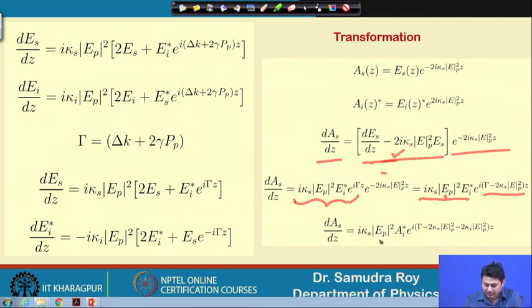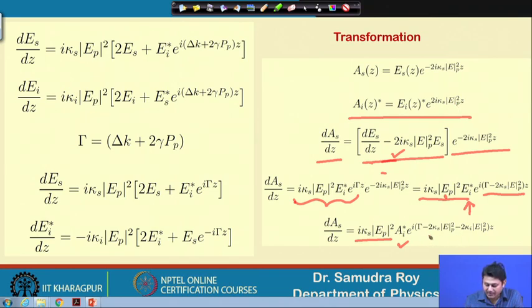The next thing is I just replace this EI from here, so that the entire equation becomes in terms of AS and AI. On the right hand side now I have EI and on the left hand side I have AS. Ep is a constant, so we should not bother about Ep. So, i kappa s Ep. If I now change this EI star from here, this EI star will be AI(z) star multiplied by e to the power of minus 2i kappa s Ep mod square z.